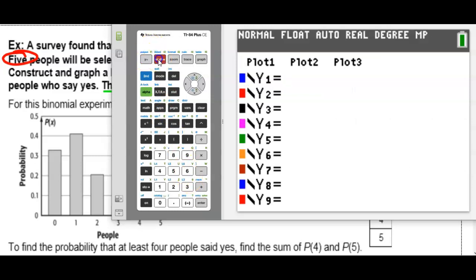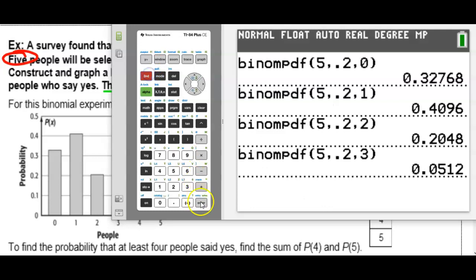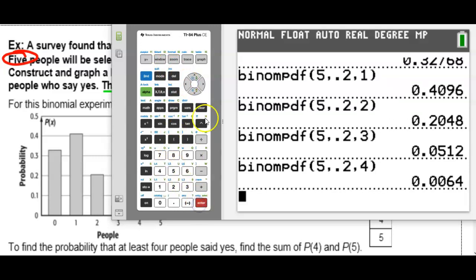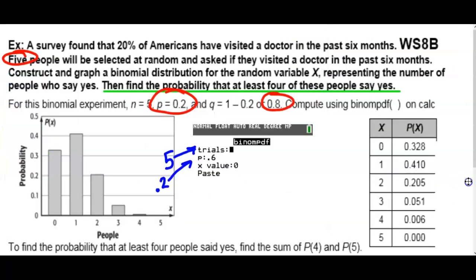Whoa, what did I forget there? I did the wrong thing. Yeah, quit. Second enter, 4, or second enter, 5. Now, if I did this right, these are all the numbers already here in this little chart.